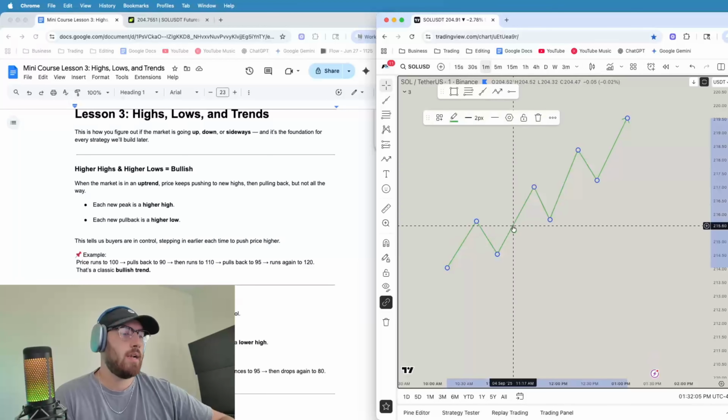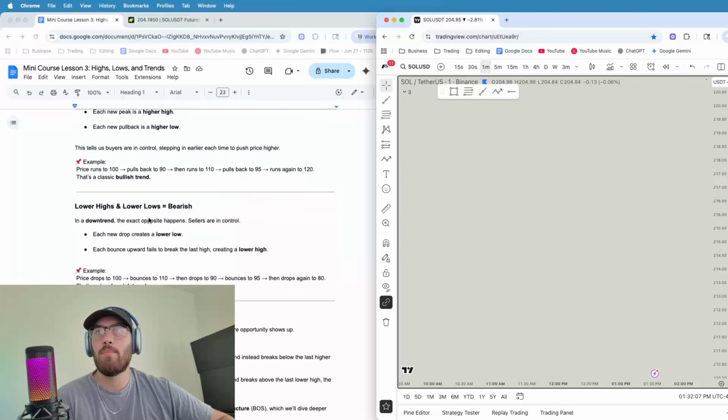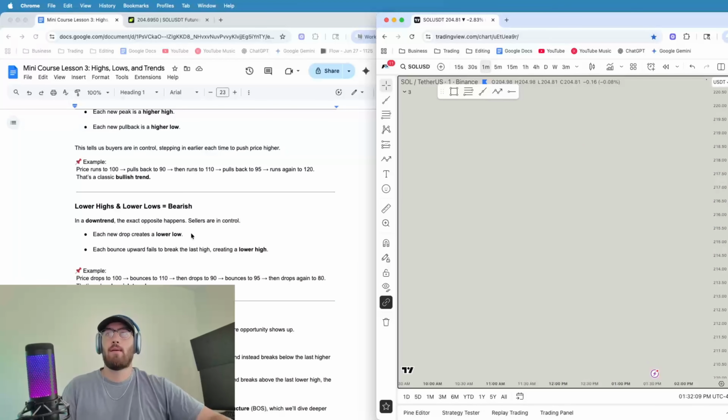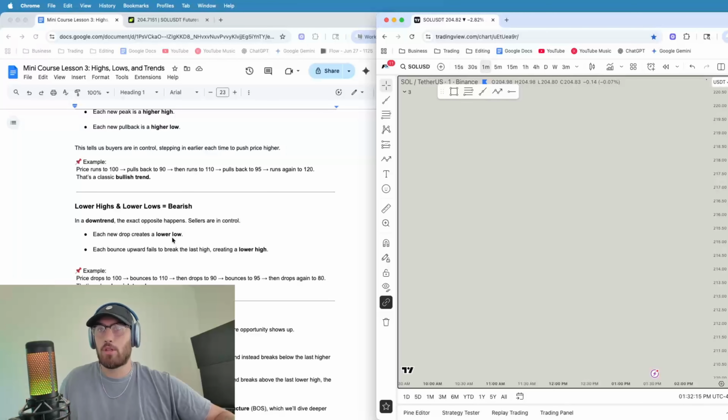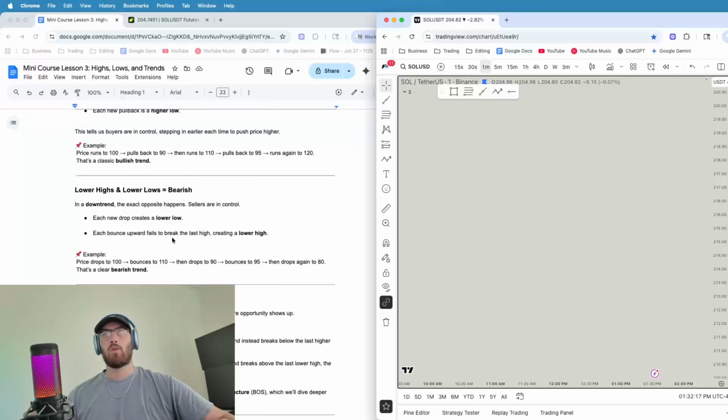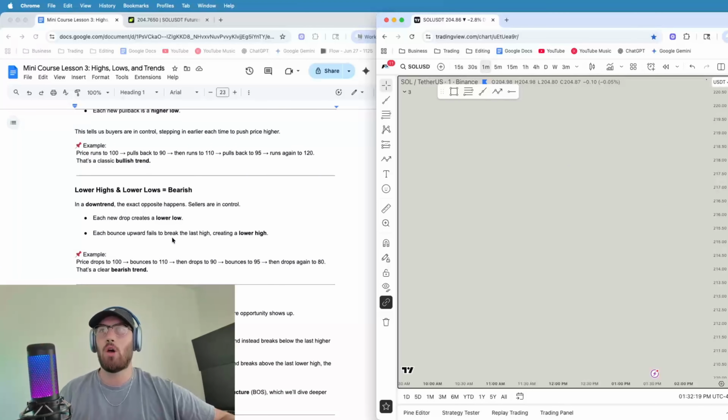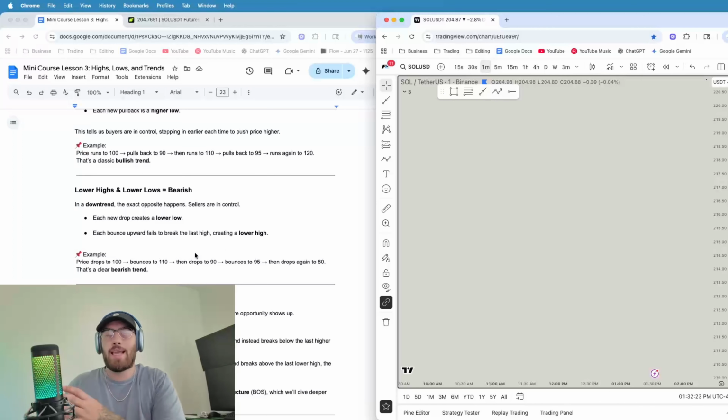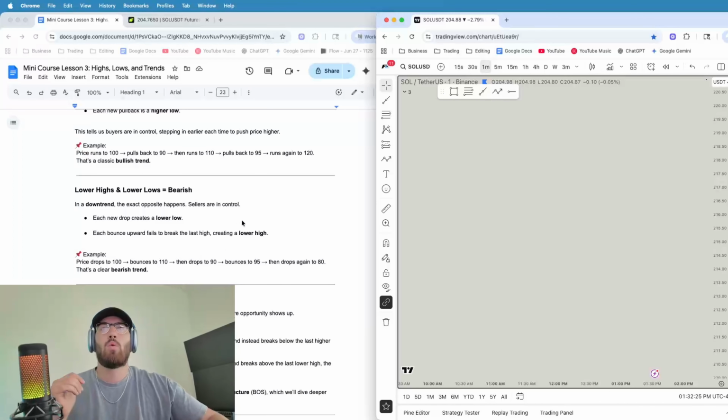So now that we know what an uptrend is, we can move over to a bearish trend. It is a downward trend. This is the exact opposite of an upward trend. The sellers are more in control. Each new drop creates a lower low. Each bounce upwards fails to break the last high, creating a lower high. So we're getting lower highs and lower lows in a downtrend.